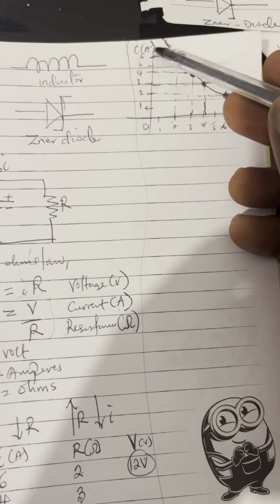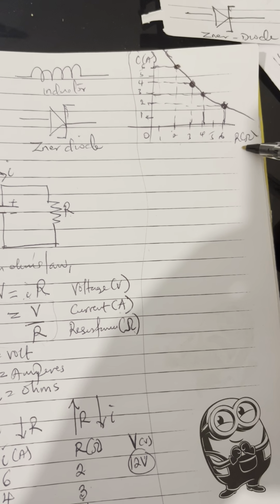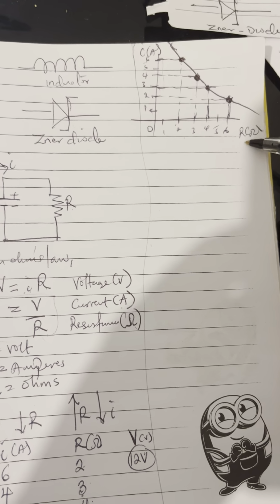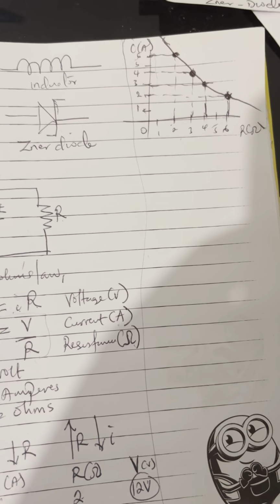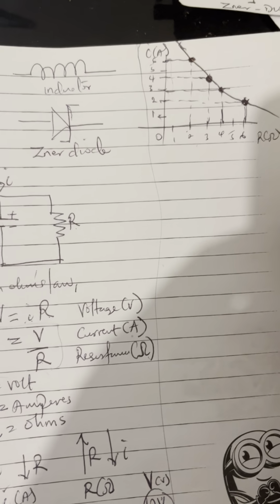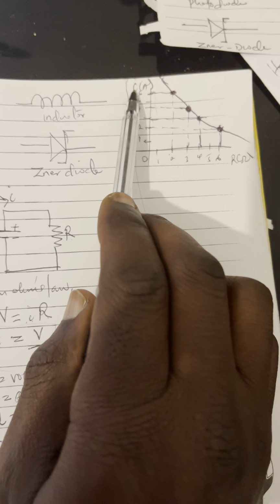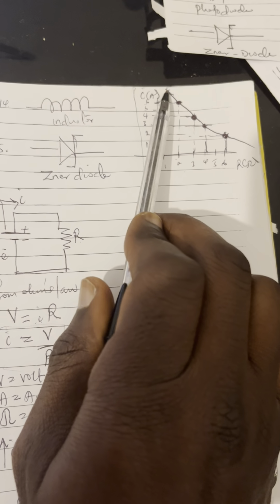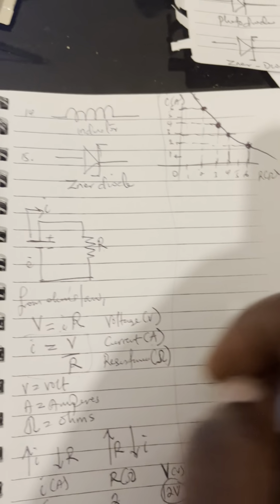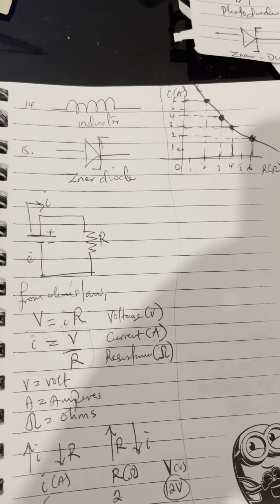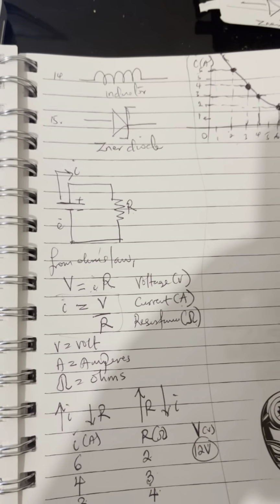So this is the graph of current against resistance. When you are being asked in an exam, they may draw different things. When you see a curve like this, and they plot I against R, you should know that this is the behavior that current and resistance exhibit. I hope that is clear.